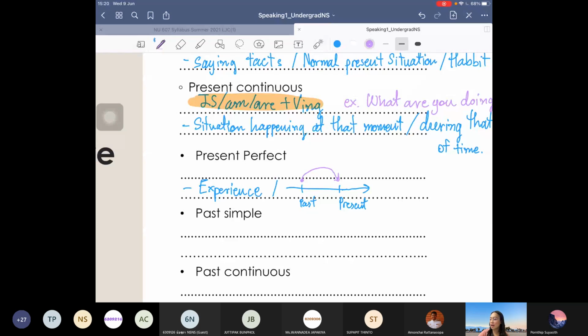So for the structure of this kind of sentence, we use have or has and past participle, or we call it verb 3, verb ช่อง 3 นั่นเองเนาะ.